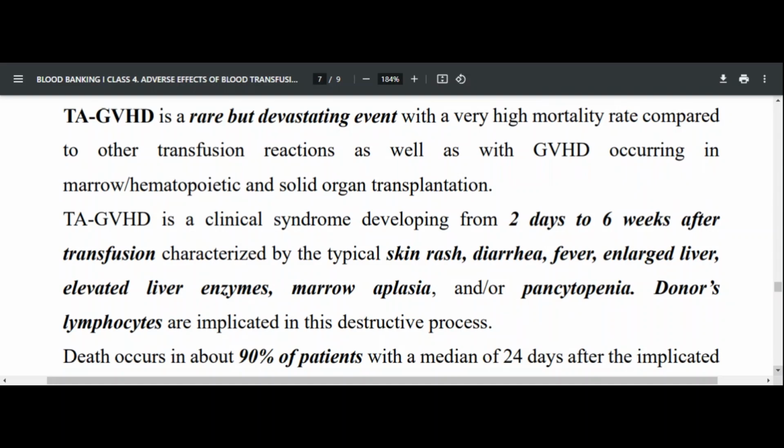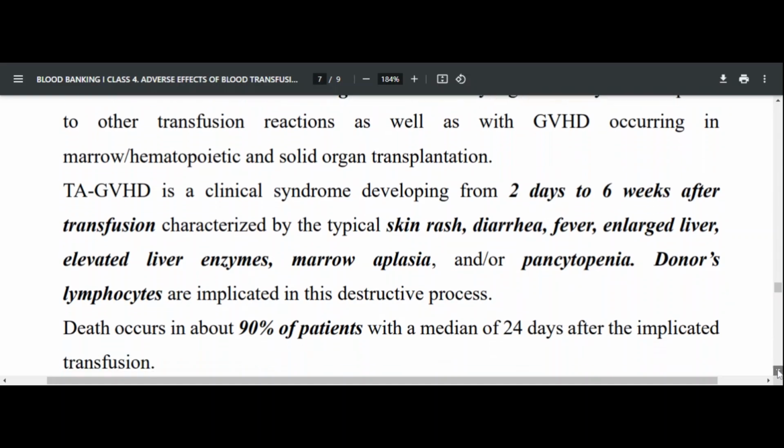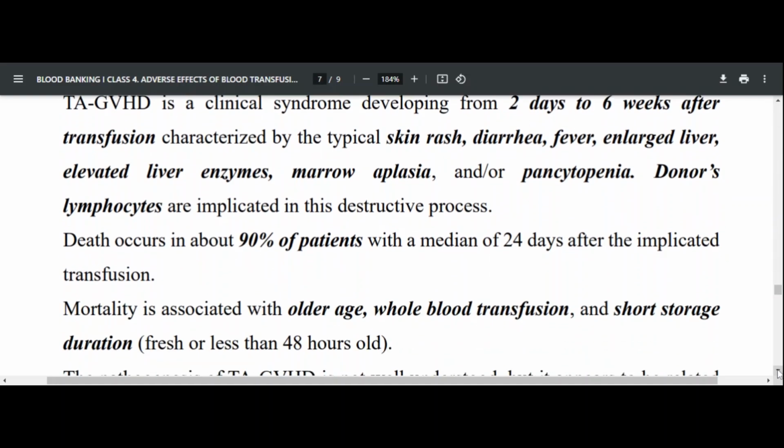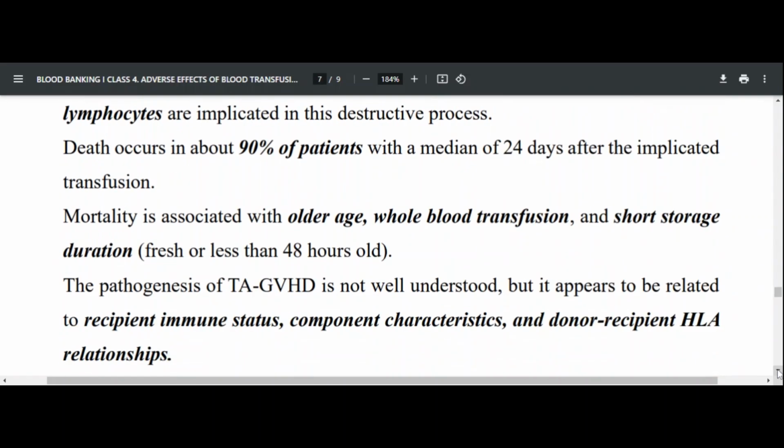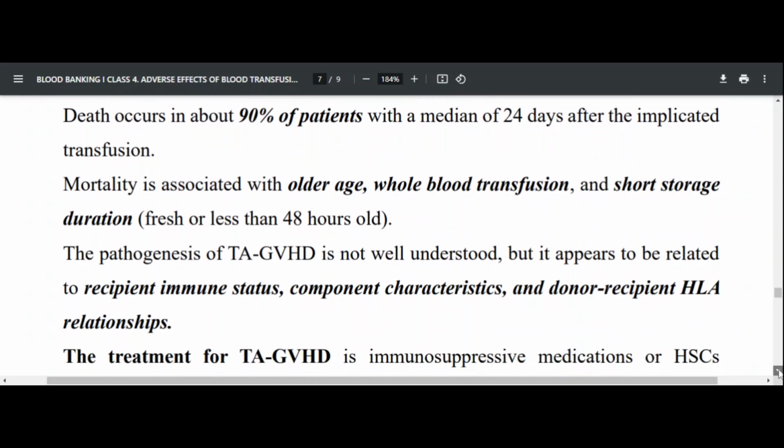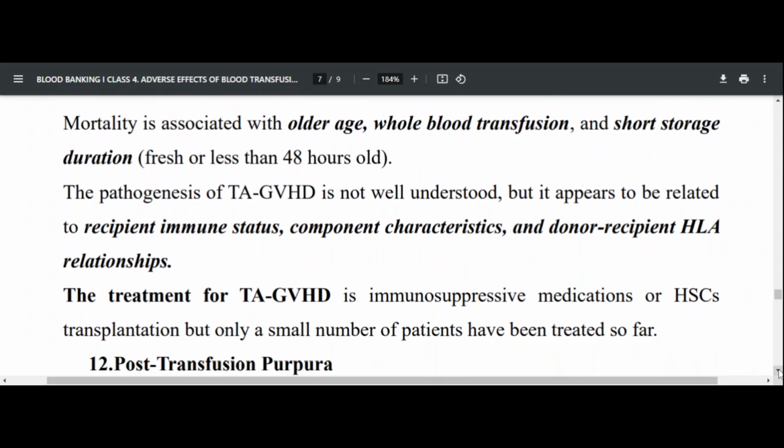That is sometimes because of blood relative donors who are giving you blood, and those relatives possess antigens similar to yours. Sometimes T lymphocytes are not eliminated by your antibodies or your immune system. Then eventually they will overcome a patient's immune system and start to destroy patient tissues. That is what we call transfusion-associated graft versus host disease.